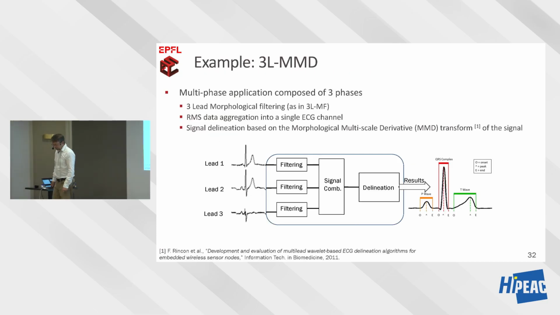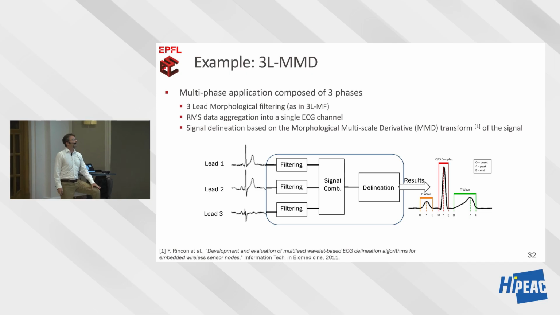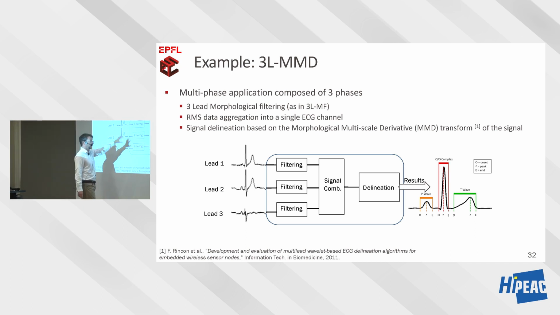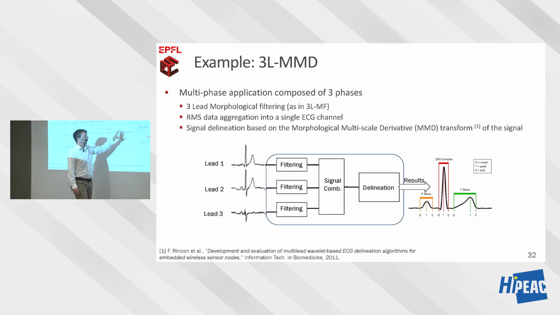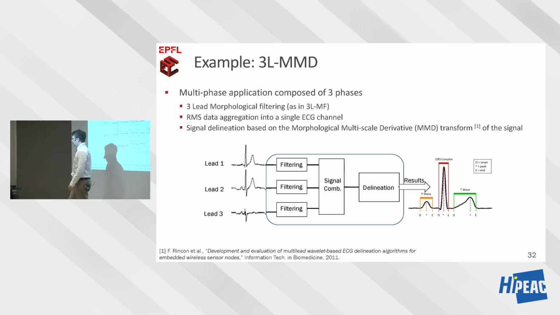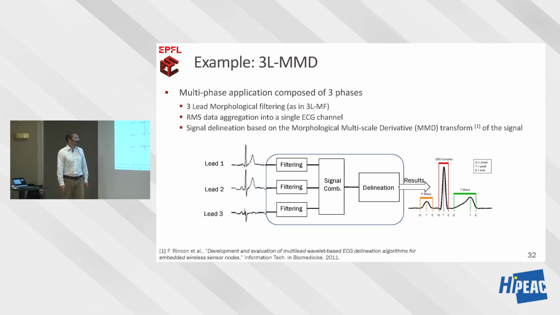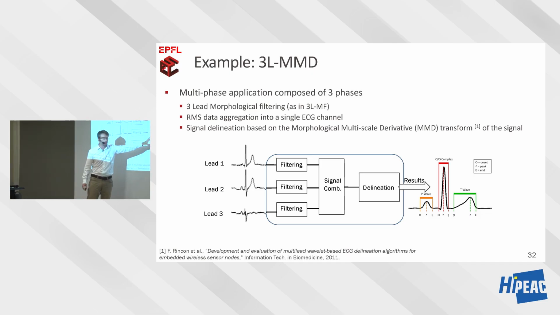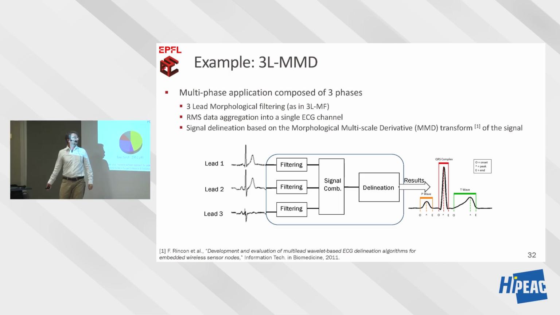Again, an example: three-lead filtering plus delineation. Here we have three inputs, condition them, combine them, and then we find the fiducial points, beginning, peak, and end of the characteristic waves of each heartbeat. So there are three cores which we want to maintain in lockstep as much as possible, and two more cores which are in a producer-consumer relationship.